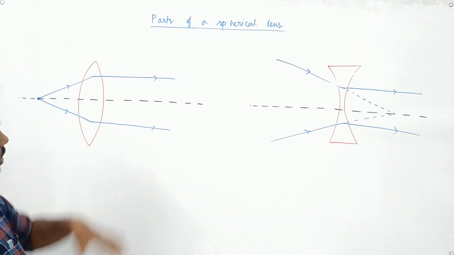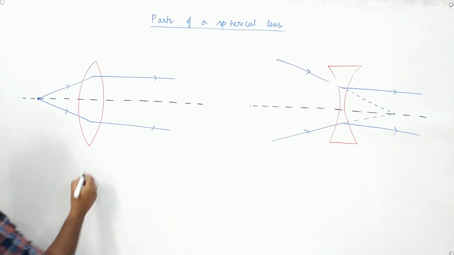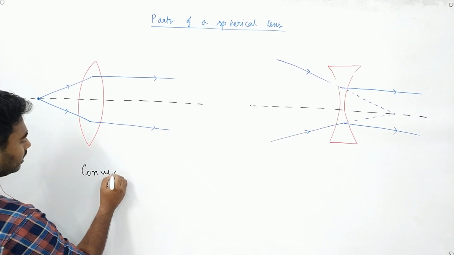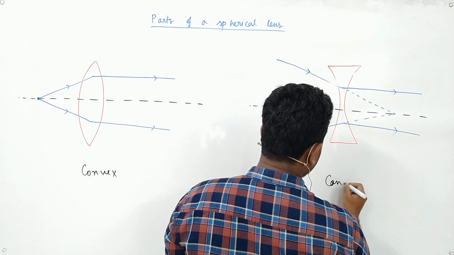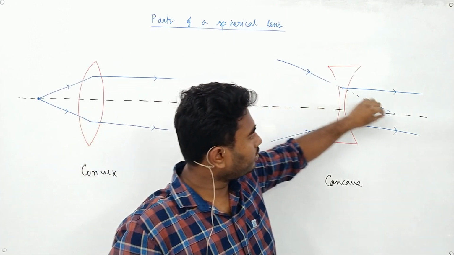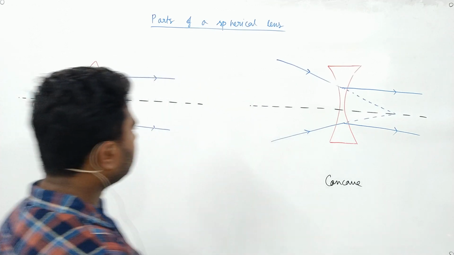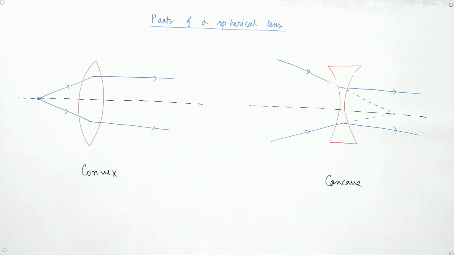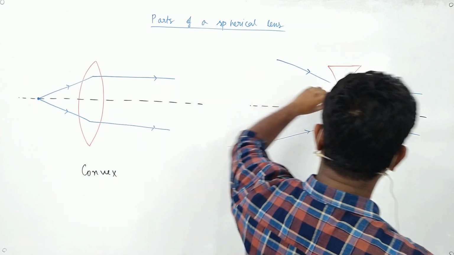So there is always a point on the principal axis from where, in case of convex, if a ray of light comes, it will move out parallel. And in case of concave, if the rays of light come and try to meet towards a point, they will move out parallel to each other. So we have understood both of the cases. These are parts of a spherical lens in terms of the type of ray that is coming towards it.